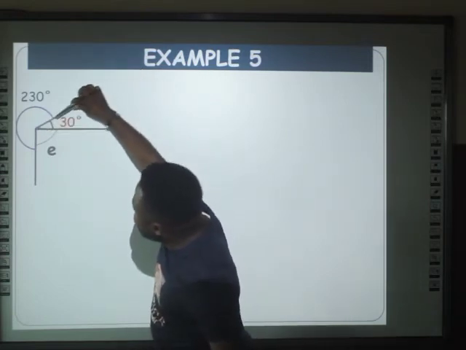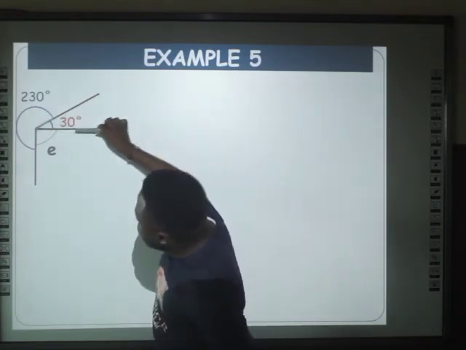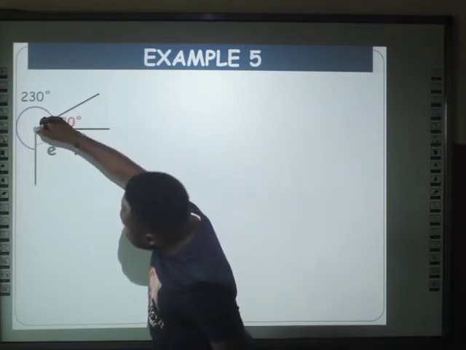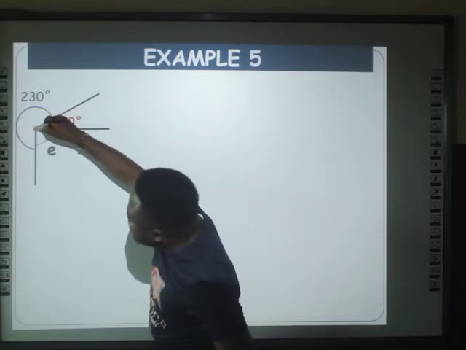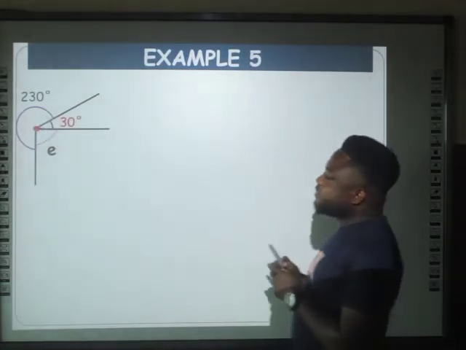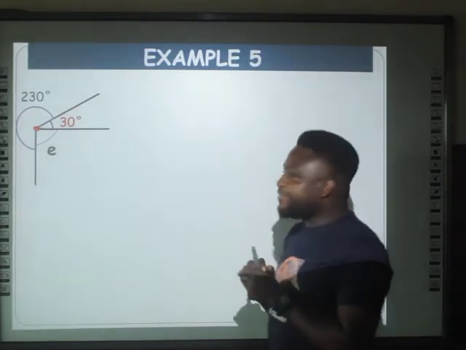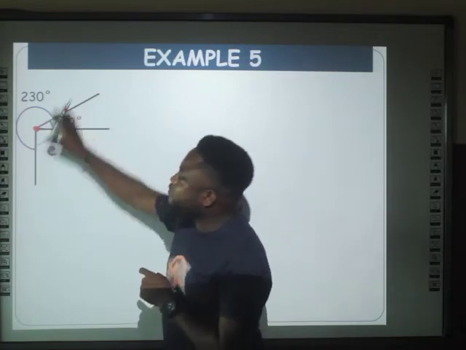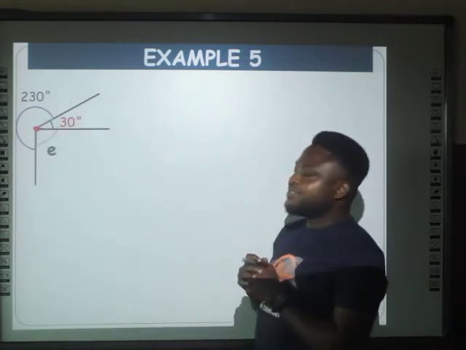There's a line here, there's another line here, there's another line here. This is their meeting point, their point of intersection. Can you see that? Remember I said angles at a point will add up to what? 360 degrees. That means the addition of everything you have here must be equal to 360 degrees.